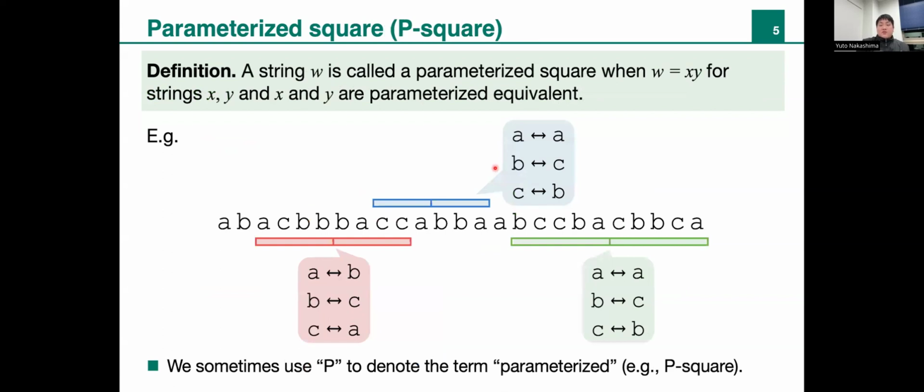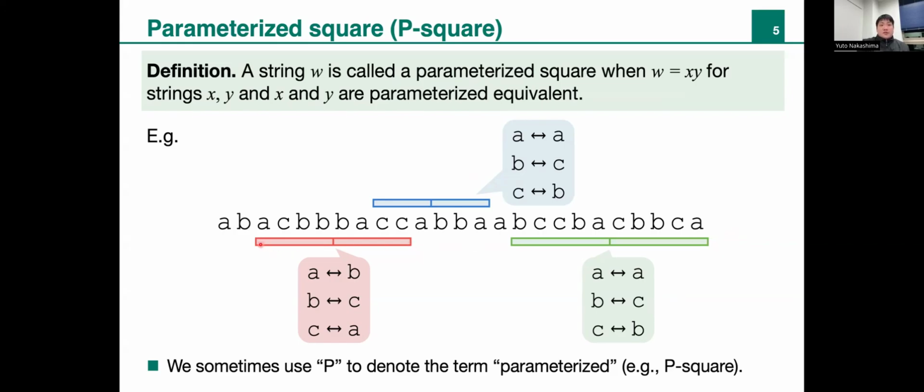Next I will explain the parameterized square. This is the definition. A string W is called a parameterized square when W is equal to xy for strings x and y, and x and y are parameterized equivalent. Let's see this example. These three substrings are parameterized squares.